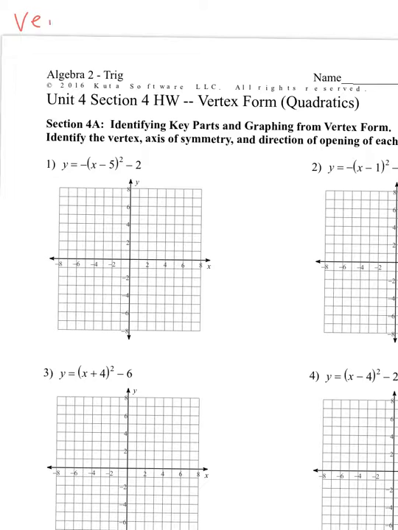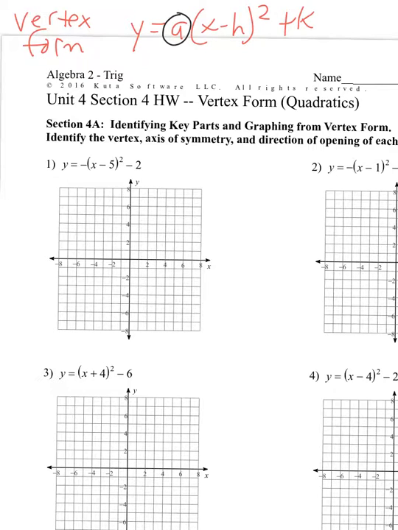Vertex form of a quadratic is y equals a times x minus h squared plus k. And again, this is on your blue reference sheet. This a that's out in front, what's in front of the parentheses, is the same as a in y equals ax squared plus bx plus c form.